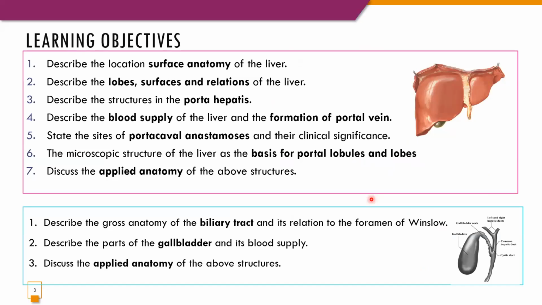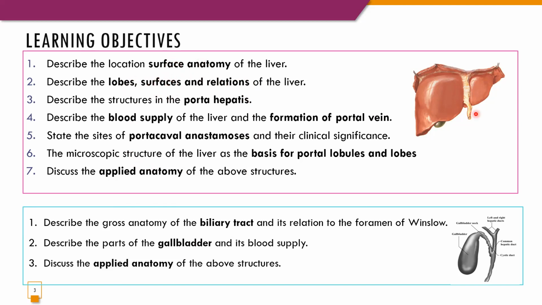This is today's learning objectives. We can divide it into two big chunks. Number one is the anatomy of the liver. The second one is the biliary tract and also the gallbladder. Everything about the anatomy of the liver includes the surface anatomy, the lobes, surfaces, and relations. These are actually two different things.